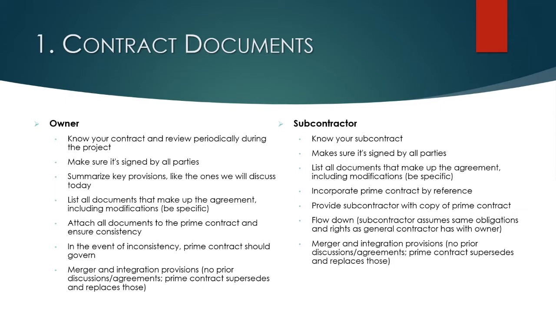But keep that in mind, that as it relates to the prime contract, if that language doesn't exist, then those ambiguities in all likelihood are going to be construed against the owner as the party that probably drafted the agreement, and similarly they're going to be construed against the general contractor in the subcontract, because that's probably who drafted the subcontract agreement. The two sides of the ledger here are just for things to keep in mind, whether you're negotiating or working under the prime contract, which is the owner contract, or the subcontract.